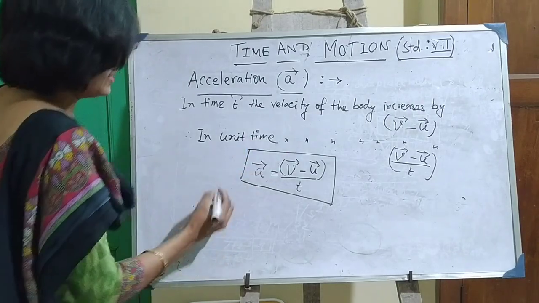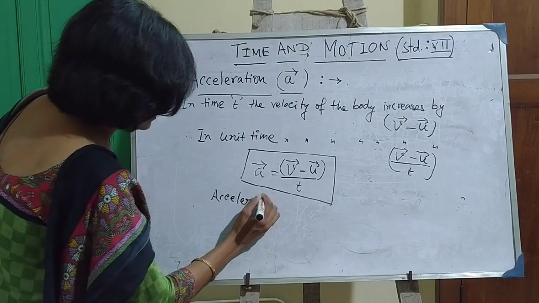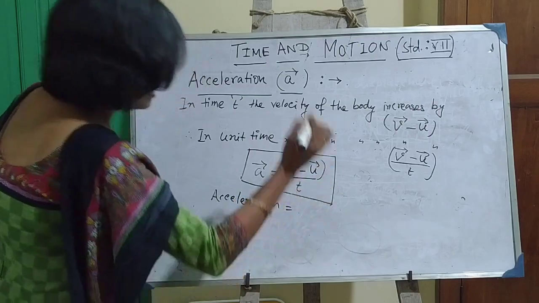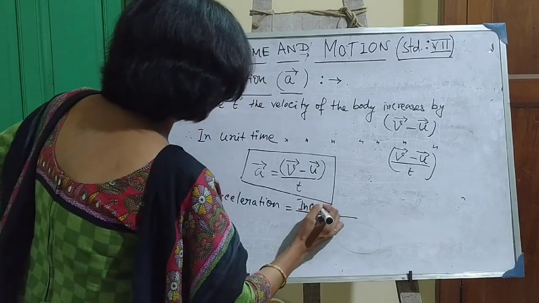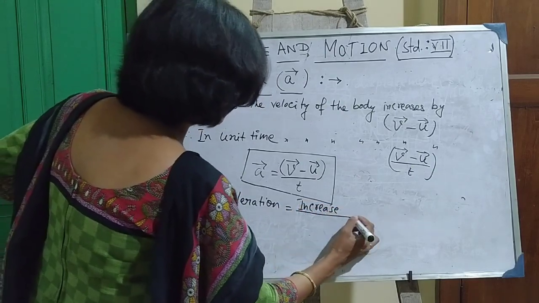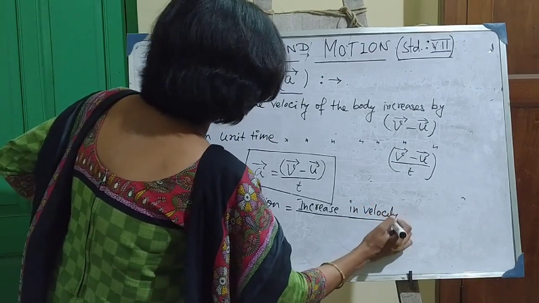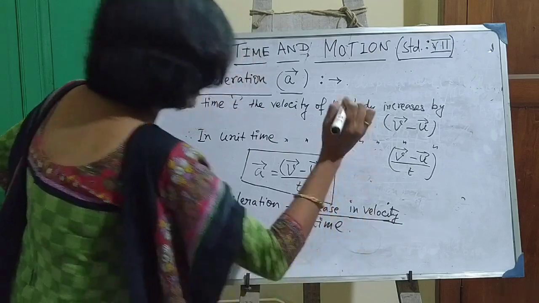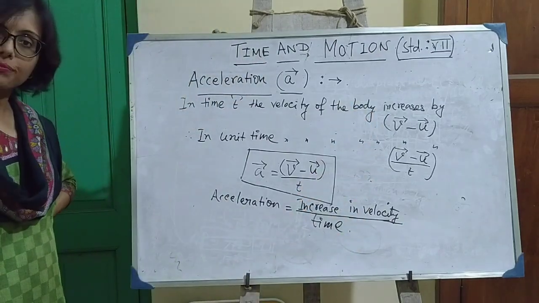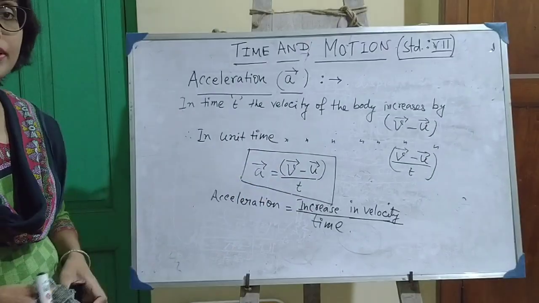So acceleration of the body is equal to increase in velocity divided by time taken. Clear? So acceleration a is equal to v minus u divided by t.